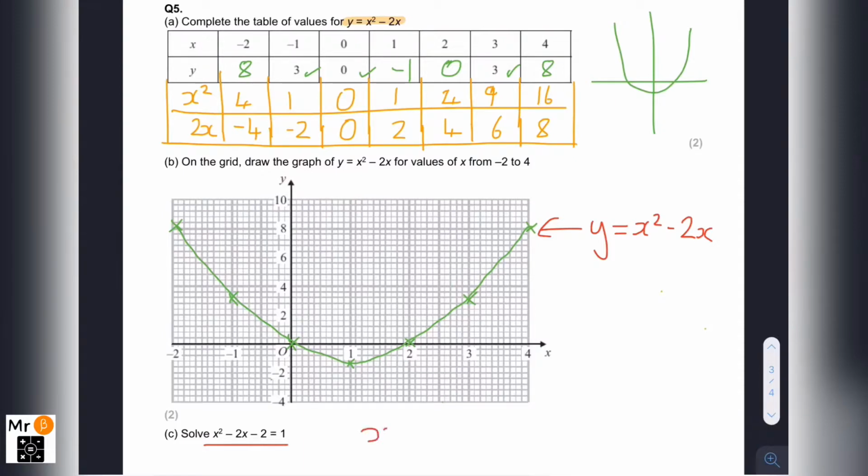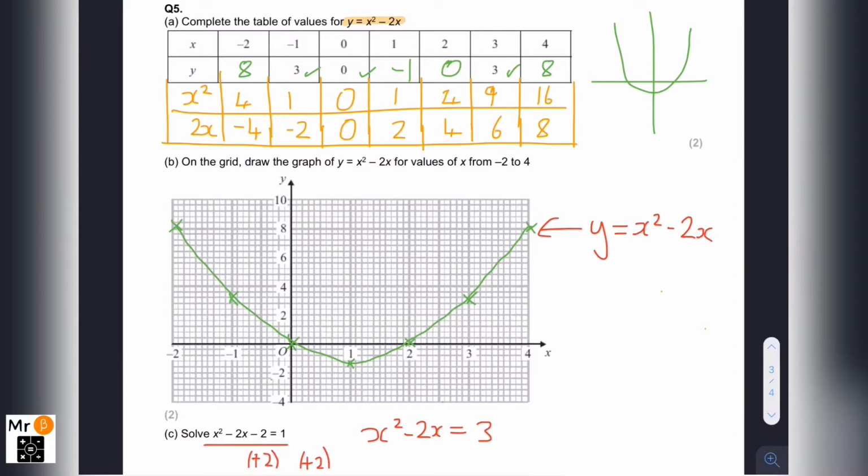So I want to keep my x squared minus 2x by itself, and that means I need to get rid of this negative 2. So I need to add 2 to both sides. 1 plus 2 is 3. So now I've rearranged the equation to get x squared minus 2x is equal to 3.